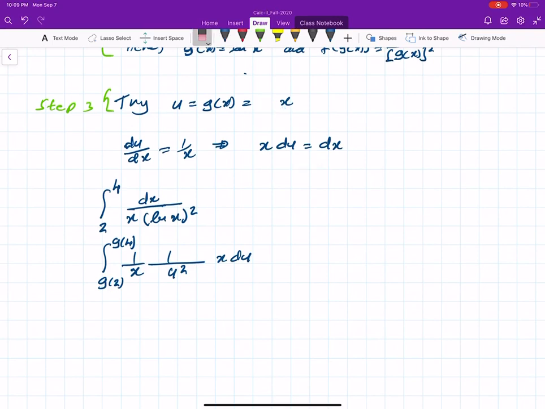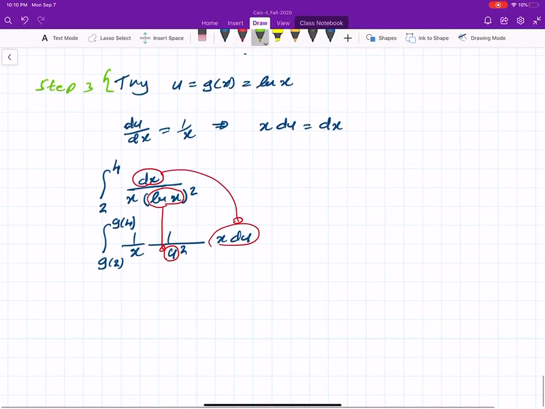All right. Let me mark them. For that, I wrote this. For this, I wrote that. All right, and then you could see that this can be cancelled with that. And then for g of 2, I just substitute 2 for this ln. See, this is g of x.